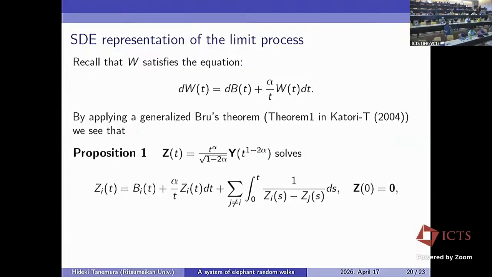So I had a question. For this diffusion process, do you have any idea of what the invariant measure is between the gaps? This is not invariant because it diverges. But if you put in the drift now, that's the gaps.